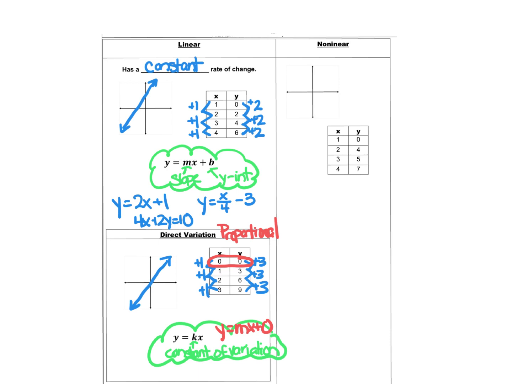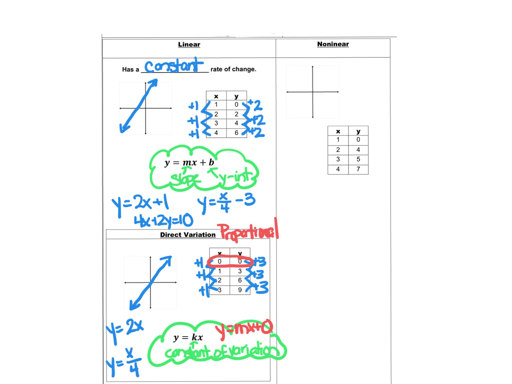But instead for direct variation equations, we use that variable k. And so writing our equations, you could have something like y is equal to 2x, because it would be 2x plus 0, or you could have something like y is equal to x all over, let's say, 4, all right? Because again, the y-intercept ends up being the 0.